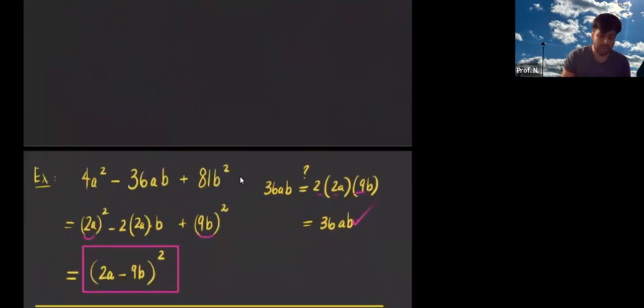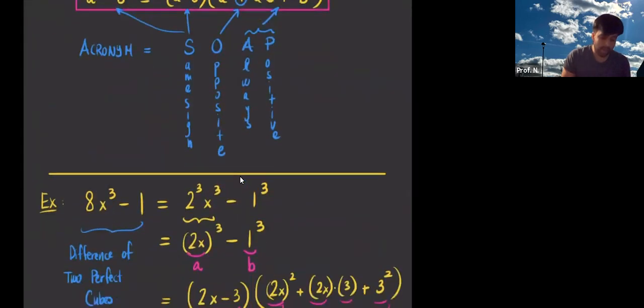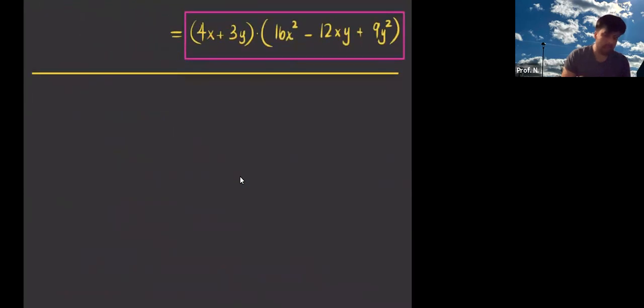Those are the main ones. The reason I'm not saying this is a completely special one, but it is, is that it's related to a factorization we've done already, and that's when we have trinomials in quadratic form.